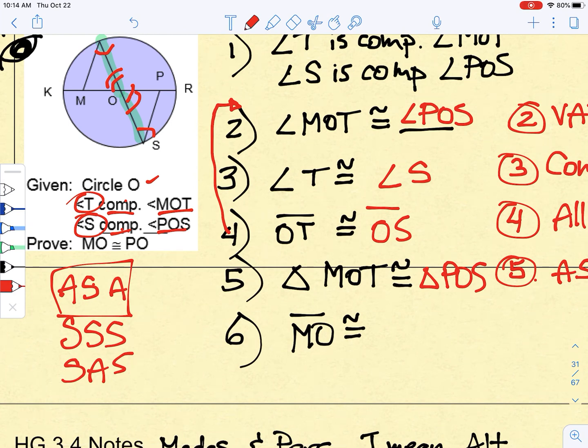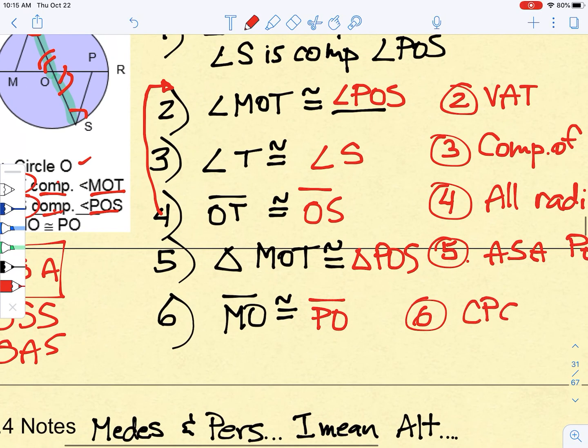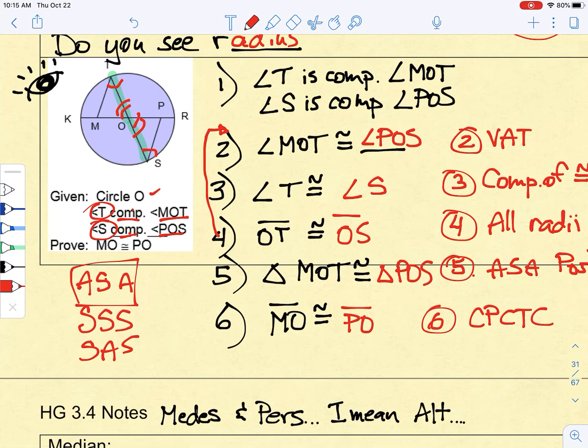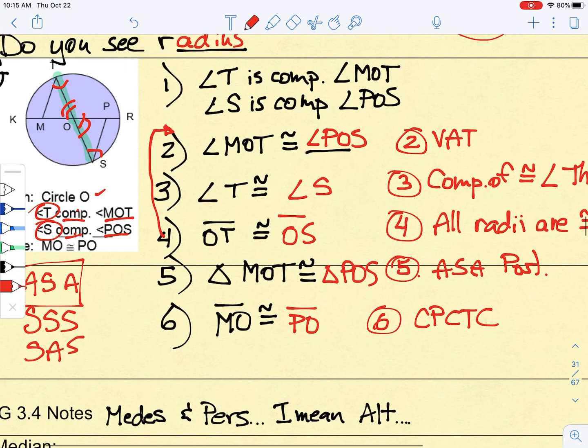And because we have the two triangles, now all the corresponding sides and angles are congruent as well. So MO and PO are congruent by CPCTC. So this was a kind of comprehensive problem that covers a lot of different concepts that we've already studied. Okay?